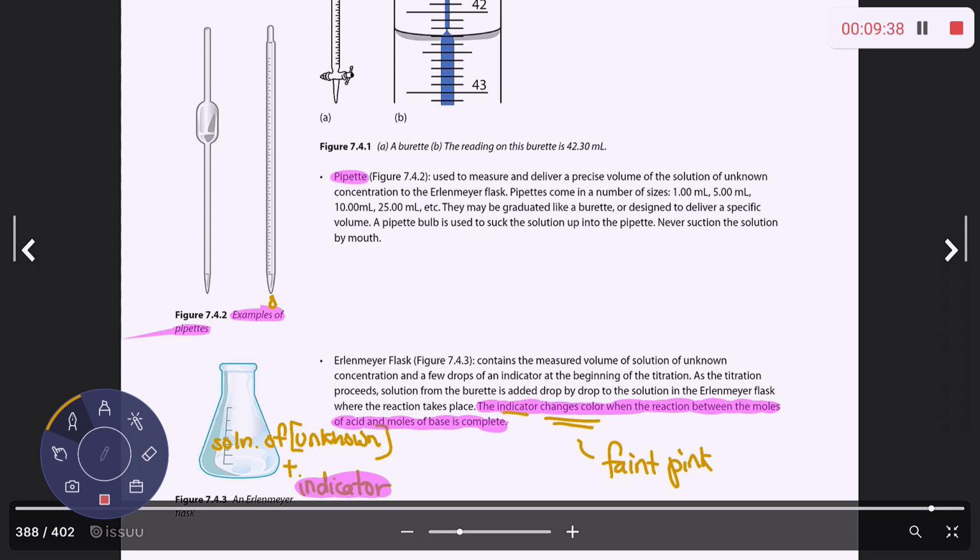The indicator that we're going to be using is called phenolphthalein. I think this is how you spell it. It's kind of a complicated thing to spell. You will often see phenolphthalein abbreviated as PPT. Okay.